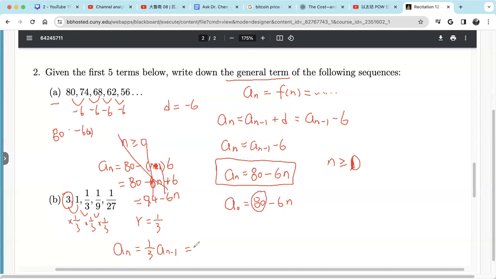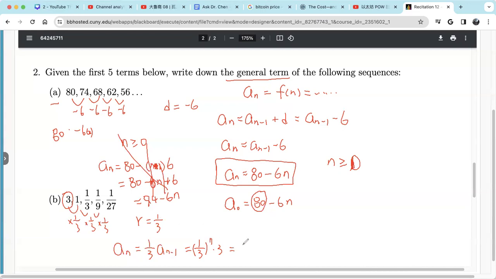So we would get 1/3, because each term we multiply by 1/3. That would be 1/3 raised to n, then times 3, right? The first term is 3. The second term is 1. When n equals 0, anything raised to 0 is 1, and 1 times 3 gives us the first term. When n equals 1, we have 1/3 times 3, which gives us 1, the second term.